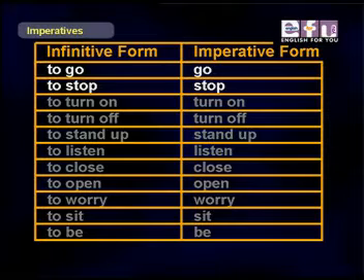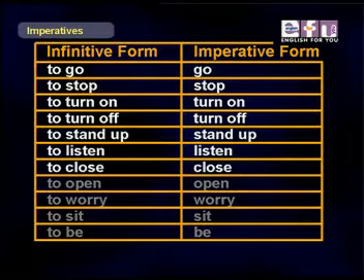To stop, in the imperative form, is stop. To turn on is turn on. To turn off is turn off. To stand up, stand up. To listen, listen. To close, close.